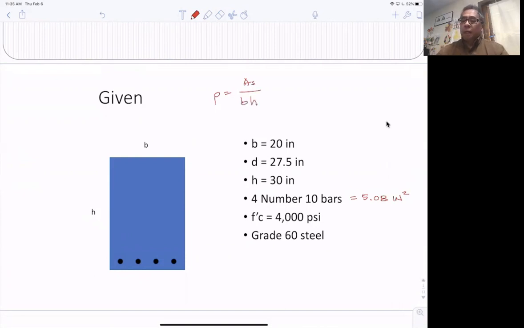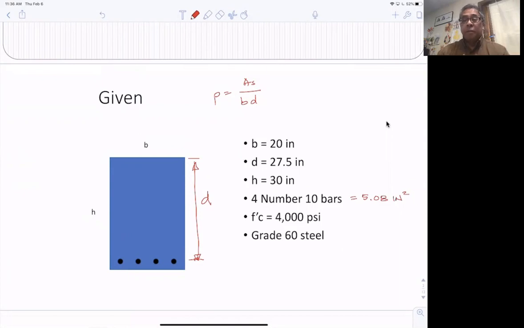okay? However, what we're going to find out pretty quickly is that what's more relevant to us than the area of the concrete is the area of the concrete only up to the middle of the steel. Okay, so instead of B times H in the denominator, we're going to use B times D, where D is the concrete only to the middle of the steel.